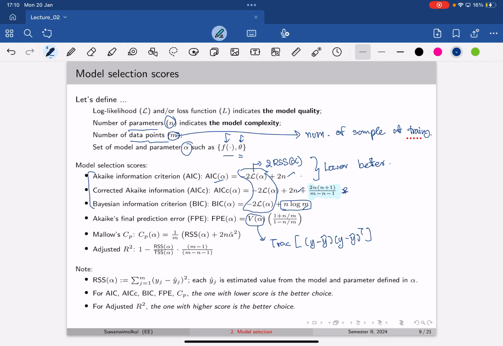So it's still like an RSS. Again, for this term, if your score is high, it's bad because it's RSS times something. Likewise, Mallows Cp is an RSS plus something. So up until this Mallows, the lower the score, the better.